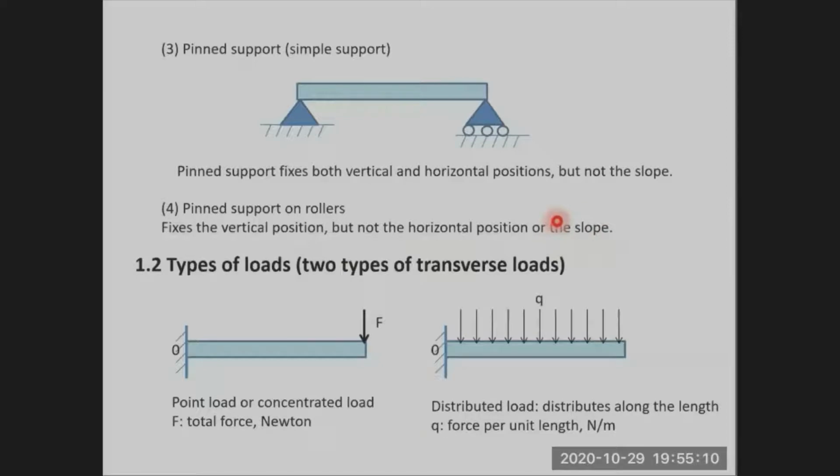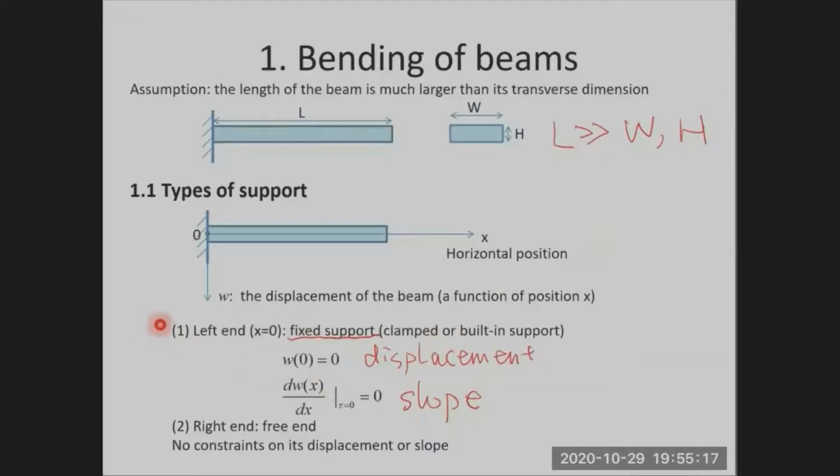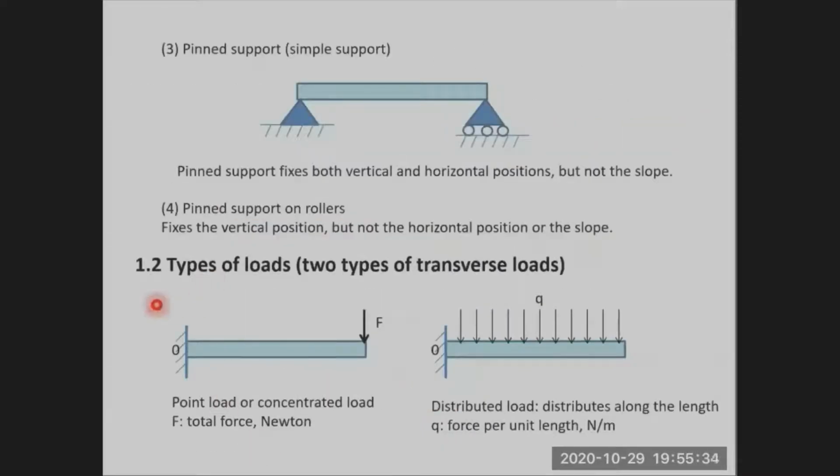So we introduced a total of four types of support. In this class, we are going to focus on the fixed support, whose displacement and slope are equal to 0. Next, let's discuss types of loads.